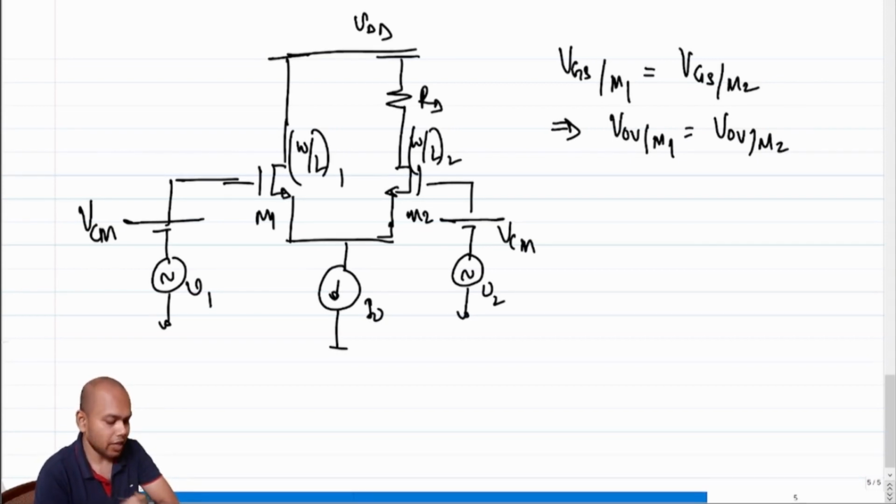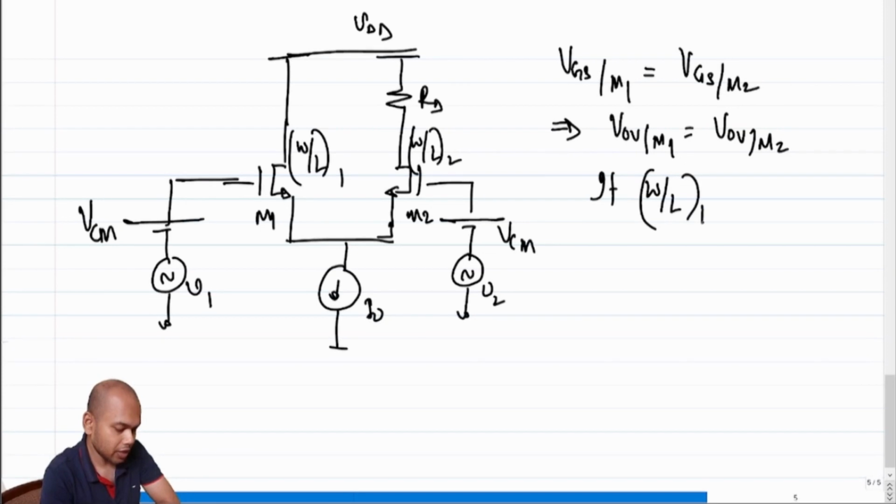Correct? So if the W by L of M1 is greater than W by L of M2, then what's going to happen? The current I1 will be greater than I2.